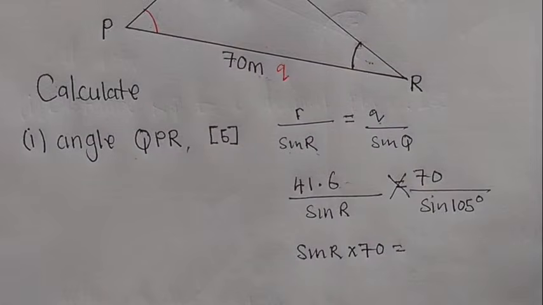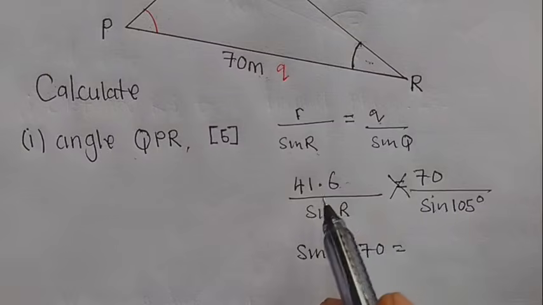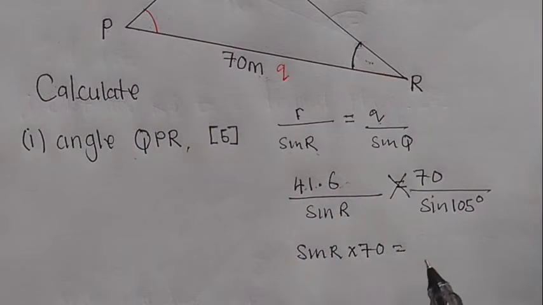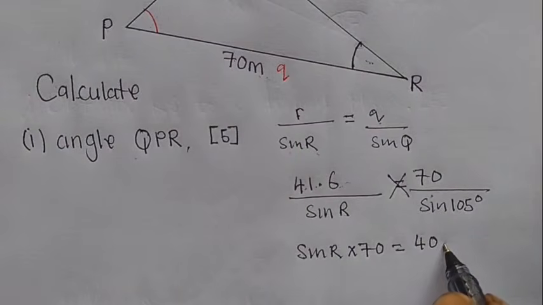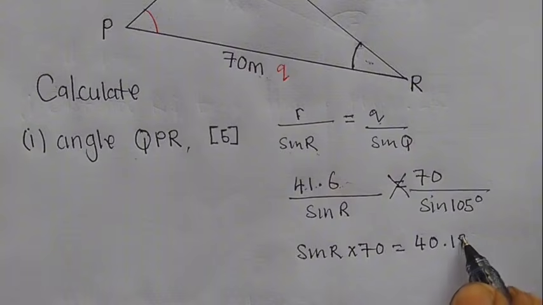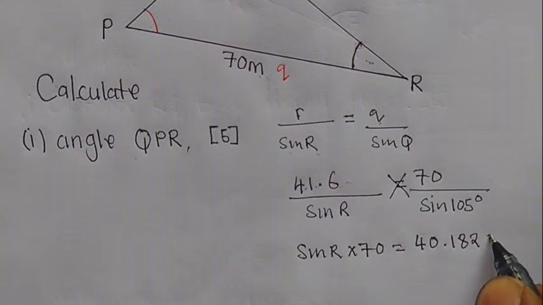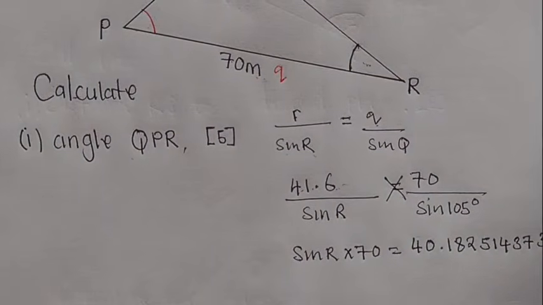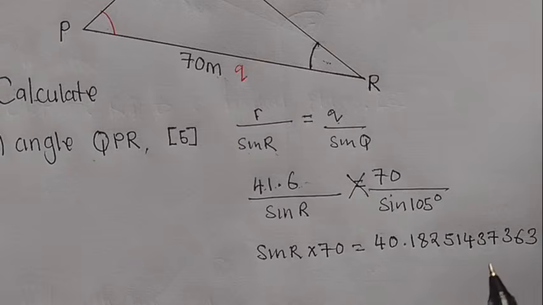When we punch this on the calculator, 41.6 times sine 105, it's going to give us 40.18251437363. So this is the correct value that we are going to get.